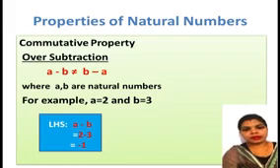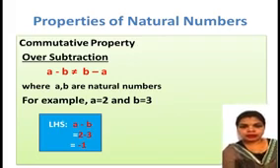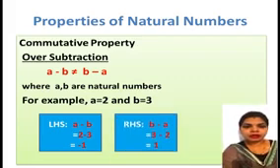Whereas in RHS we have b minus a, which is equal to 3 minus 2, and the answer is 1. So LHS is not equal to RHS here. So we can say that commutative property over subtraction is not possible. It is not valid for natural numbers.